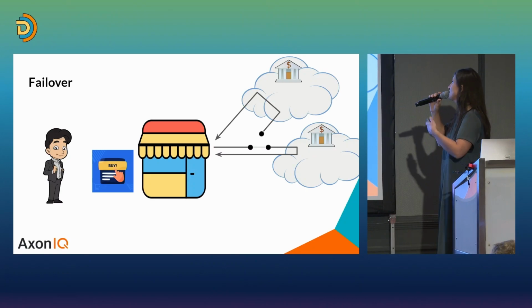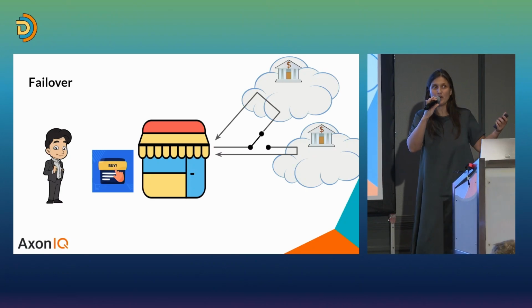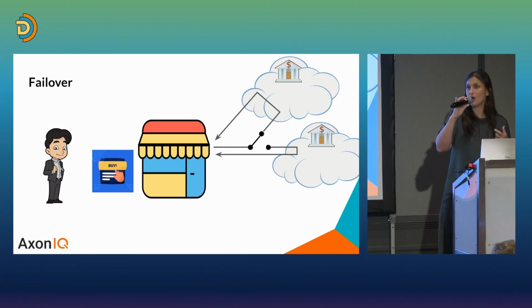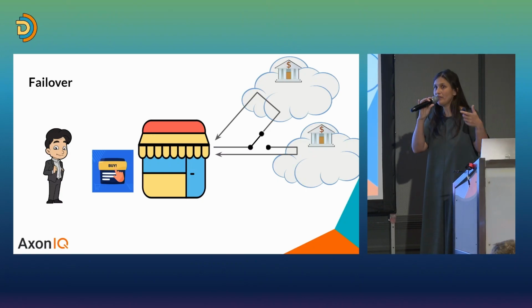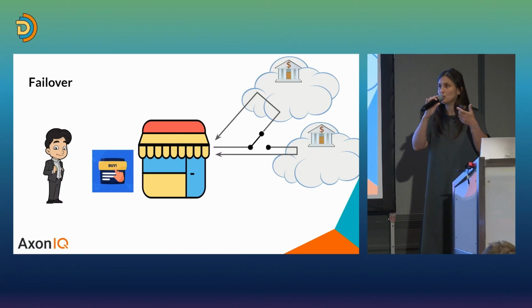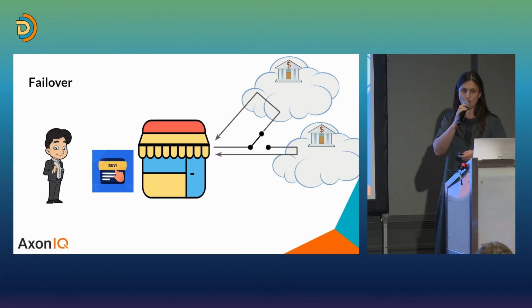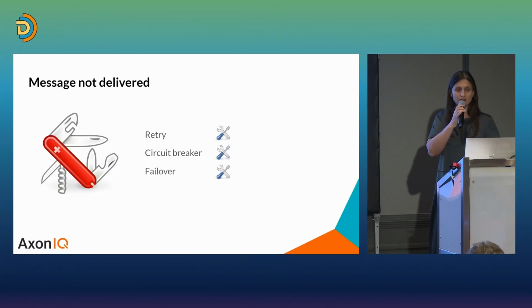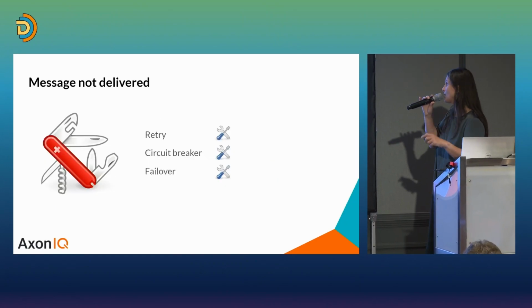This second instance can be already available as a replica of the first one, or can be instantiated on the fly to meet the temporary needs. And in this way, we do not have any problem. So this is another technical solution for the same problem.